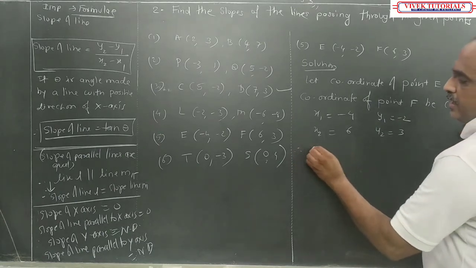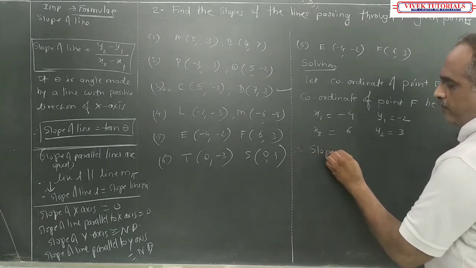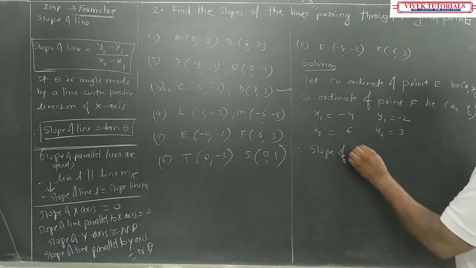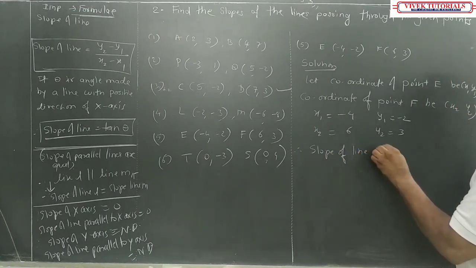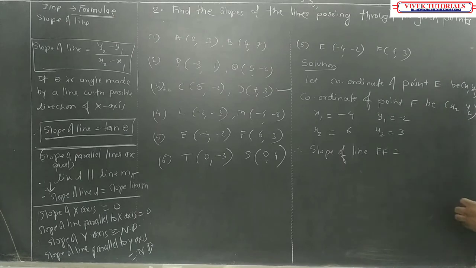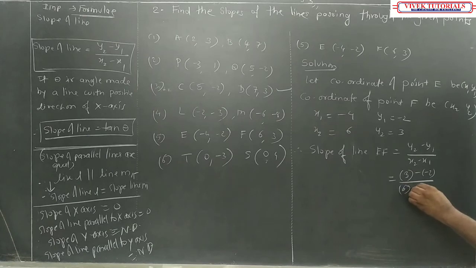Therefore, the slope of line EF is equal to (y2 minus y1) upon (x2 minus x1). y2 is nothing but 3 minus -2 upon 6 minus -4.